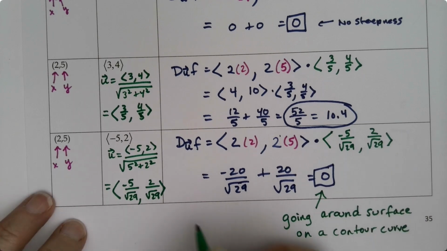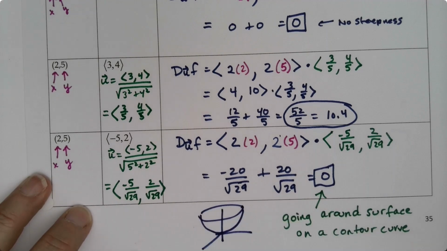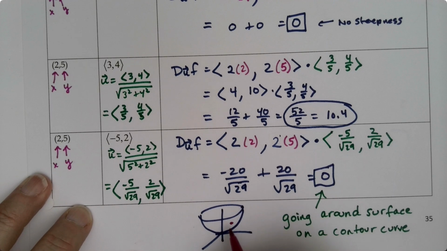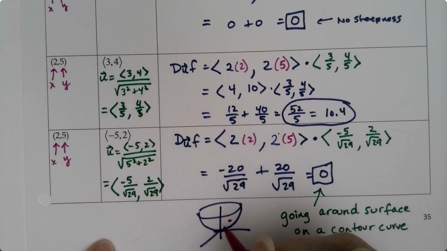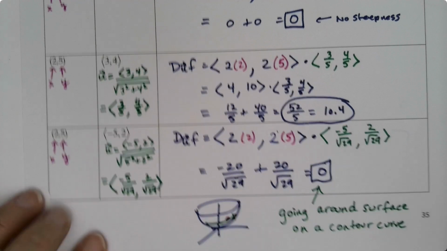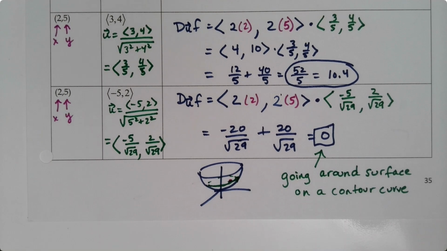It's not that the steepness is, well, if you think of the paraboloid, what's happening is you're starting at this point 2, 5, and instead of going up like we were in the one above or down like we were a couple ago, you're actually going around the contour curve, right? So the steepness isn't changing because the direction you're pointing is going around like a contour curve.